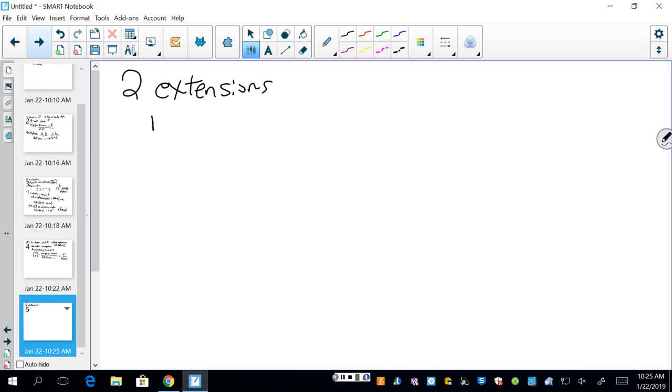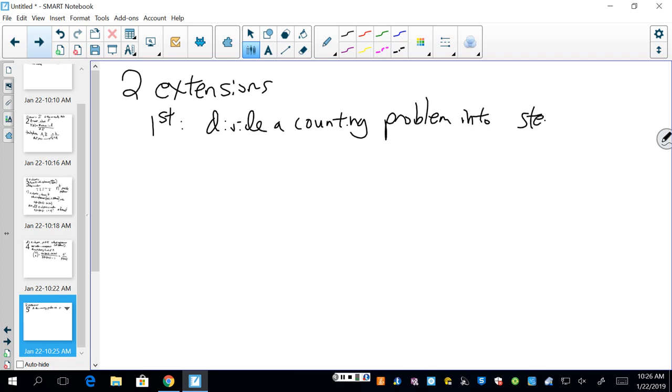So a first extension of these is essentially to divide a counting problem into steps, then count in each step, and then multiply. Sometimes thinking about things in pieces as you assemble the objects that you're counting helps out.